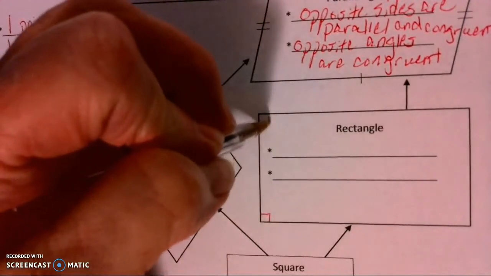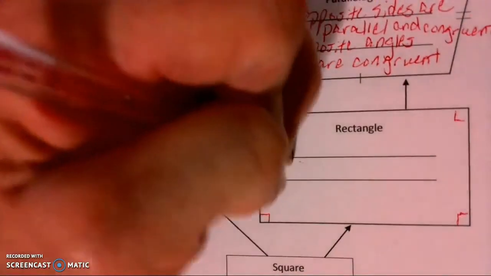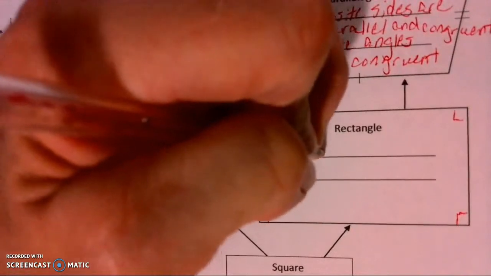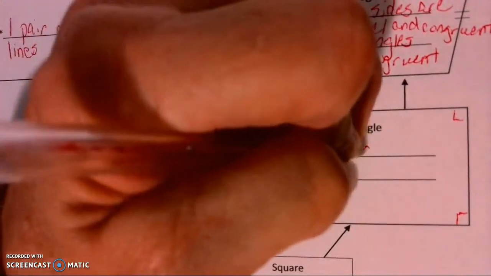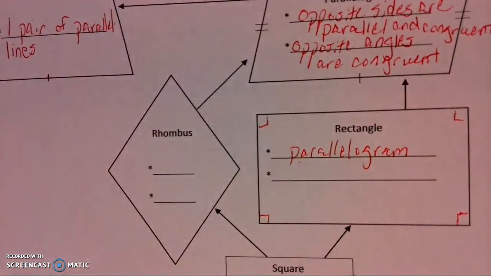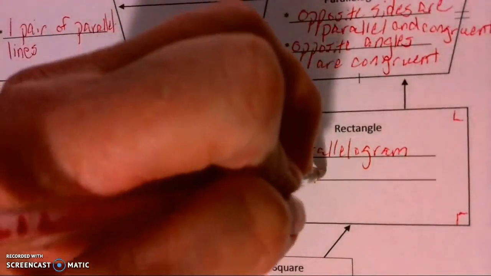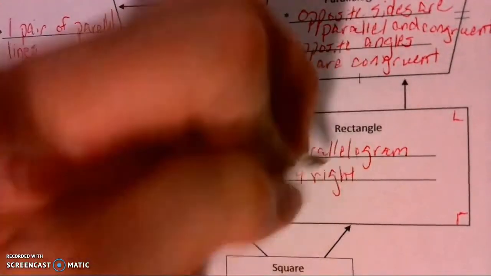And when I have a parallelogram that has 4 right angles, I have a rectangle. So again, a rectangle is a parallelogram. So that means that the opposite sides are congruent and parallel, but they also have 4 right angles.